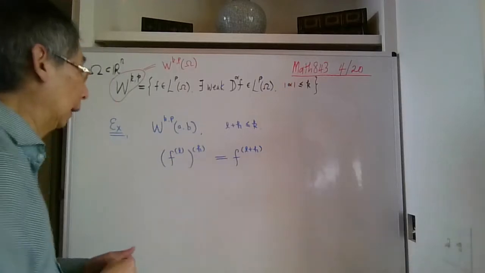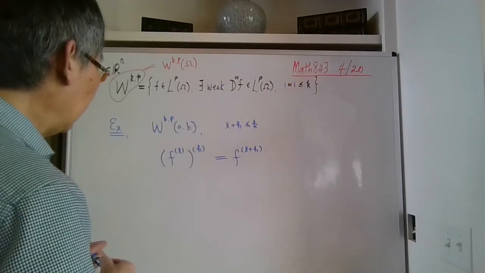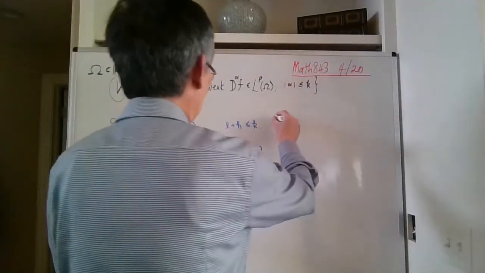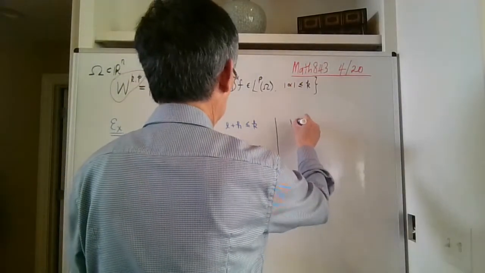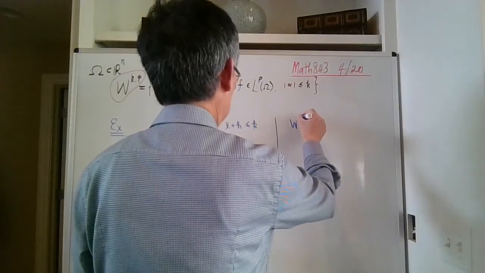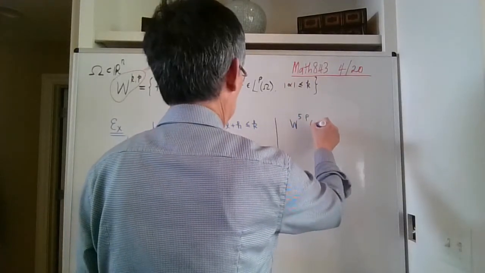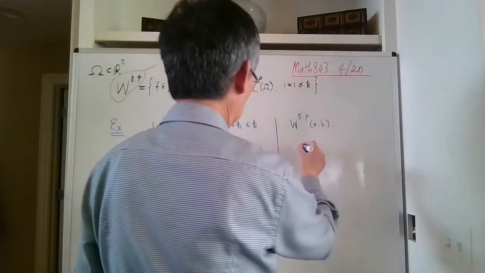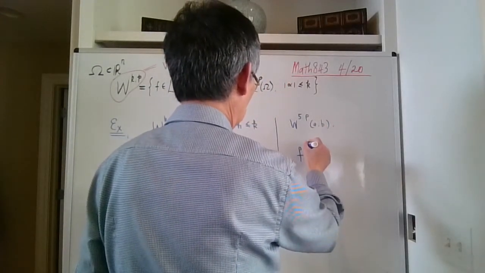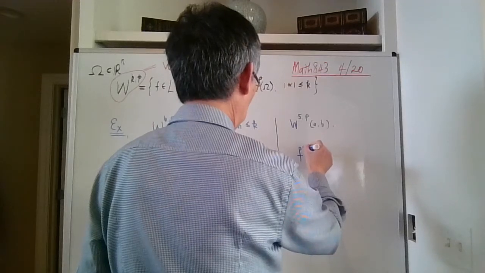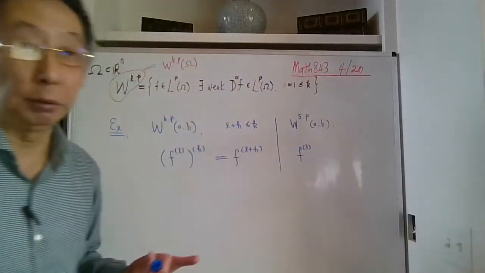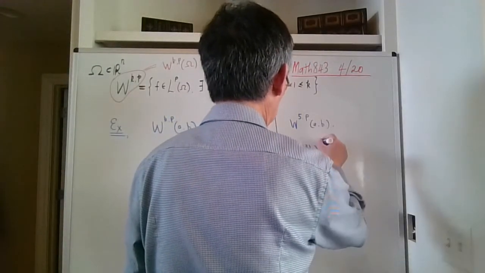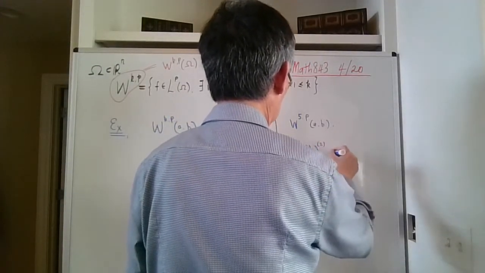Let me give you an example. Suppose you talk about W^{5,p}(a,b), and you want to prove that the third order derivative of this function, then you take another second order derivative, equals f^(5).